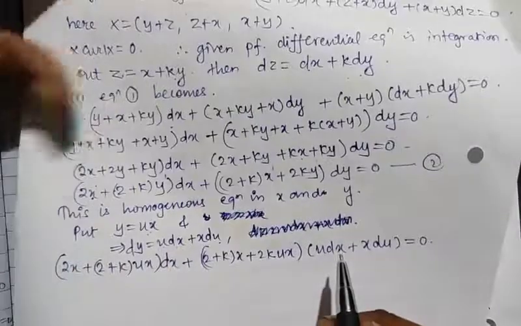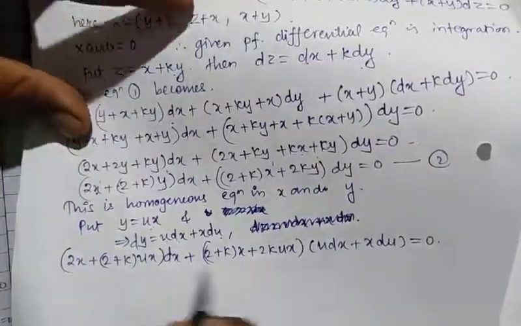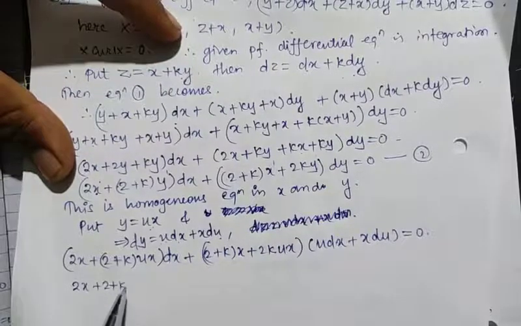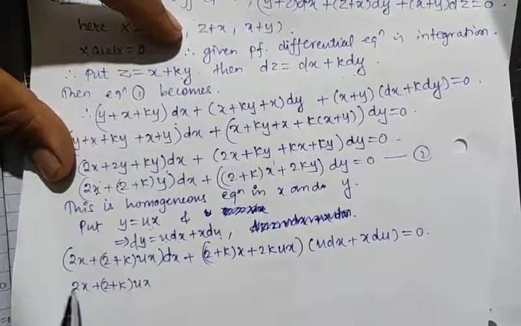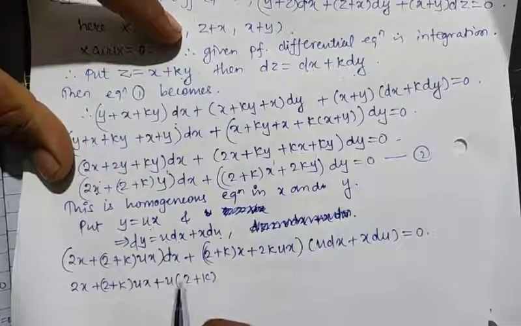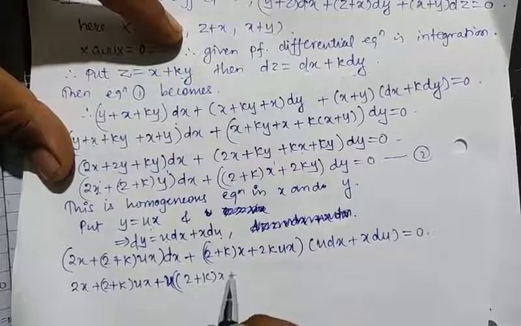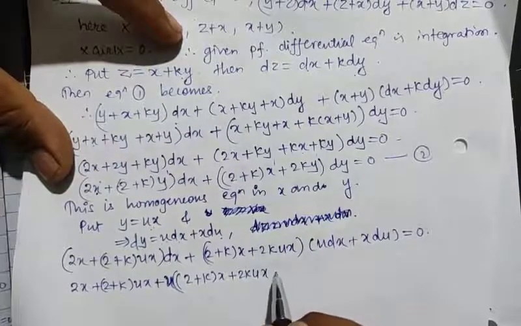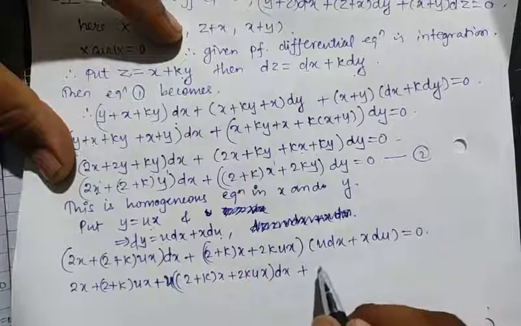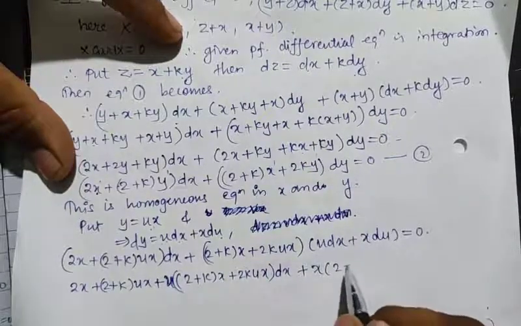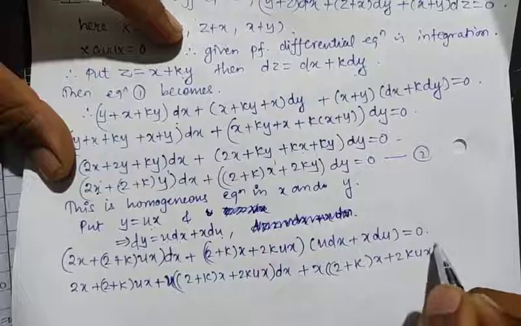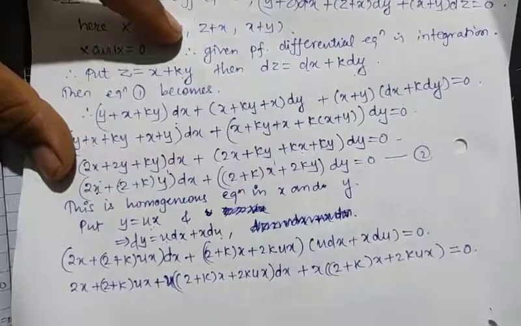Therefore, separating dx and du, we get twice x plus twice (2 plus k) into ux plus u into (2 plus k) into x plus twice k u into x, all into dx, plus the du term, which is x into (2 plus k) into x plus 2k into ux, equal to 0.